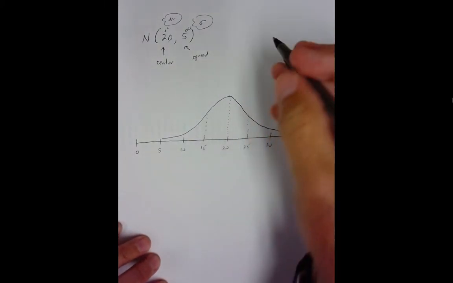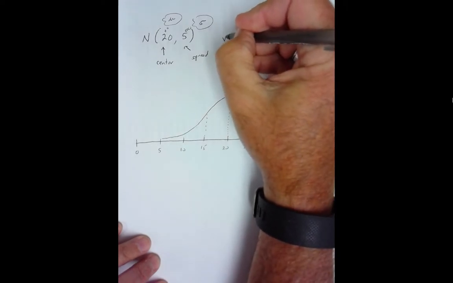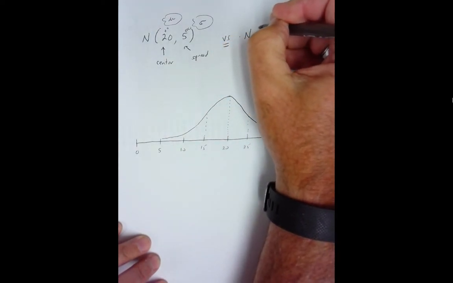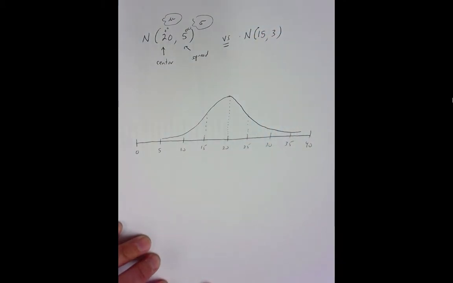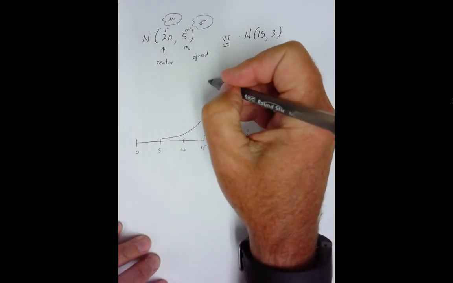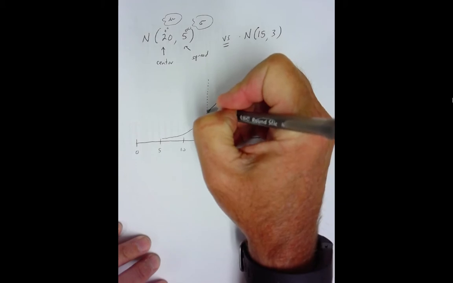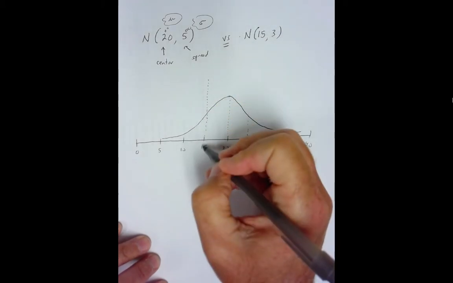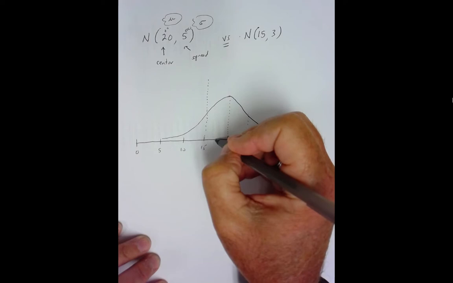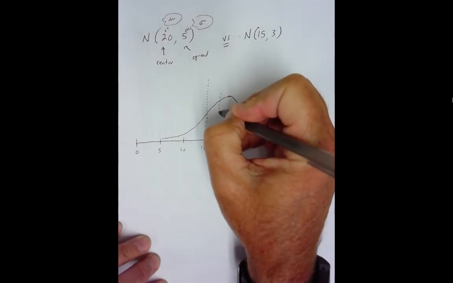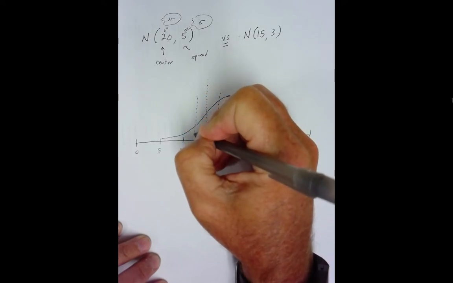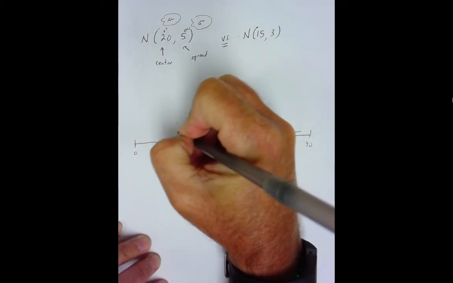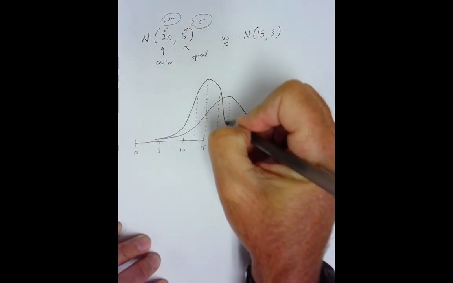Now, compare that to a distribution, for example, that has a mean of 15 and a standard deviation of 3. This tells me that the distribution I'm looking at right here would be centered at 15, 3 units to the left, and 3 units to the right defines the spread.